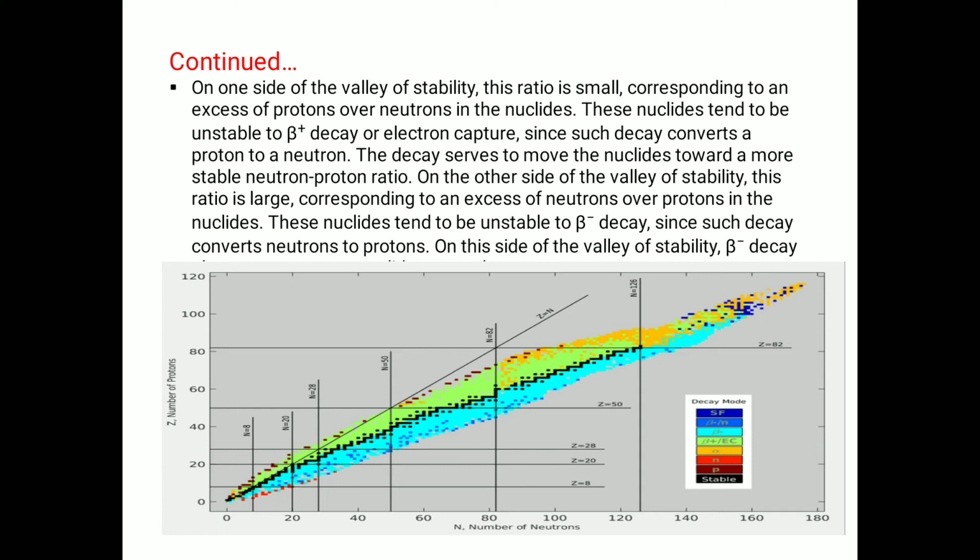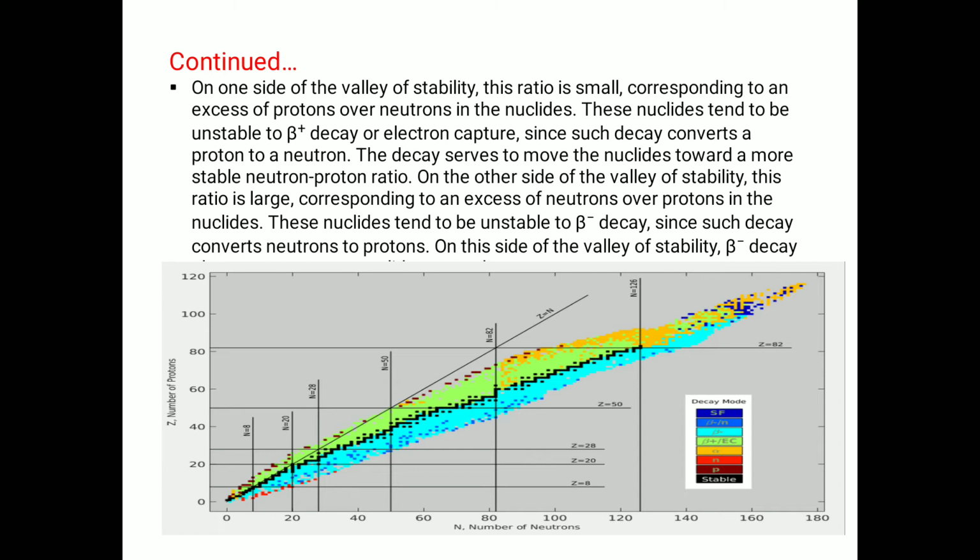Means what? As there is an excess of protons over neutrons, there should be beta plus decay, and in that beta plus decay, proton is converted to neutron. Now, the decay serves to move the nuclides towards a more stable neutron-proton ratio.